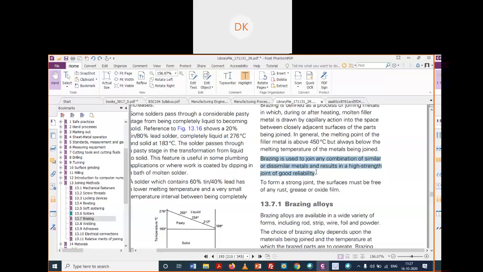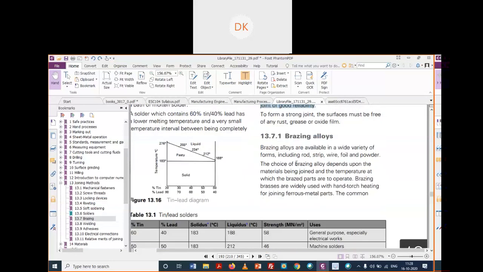It depends on how we have done the welding, but normally the welding process has much higher strength compared to brazing or soldering. But you can have a sufficient amount of strength, and with ease you can provide the joining.